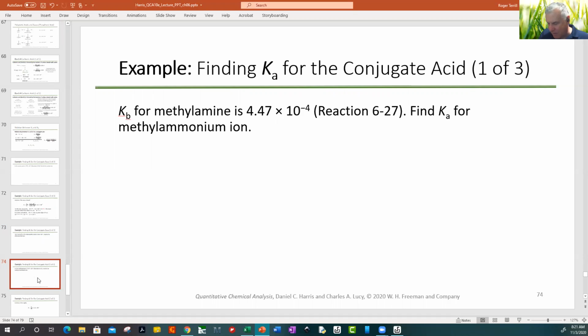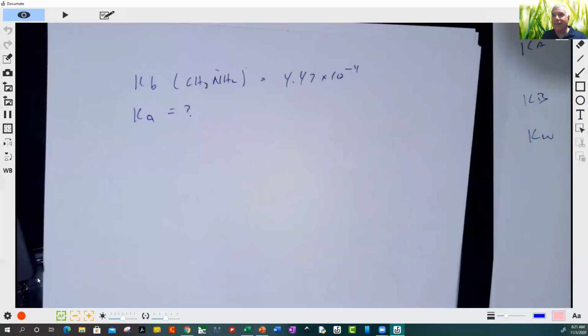Kb for methylamine, which is CH3NH2, is equal to 4.47 times 10 to the minus 4. Okay, and find Ka.